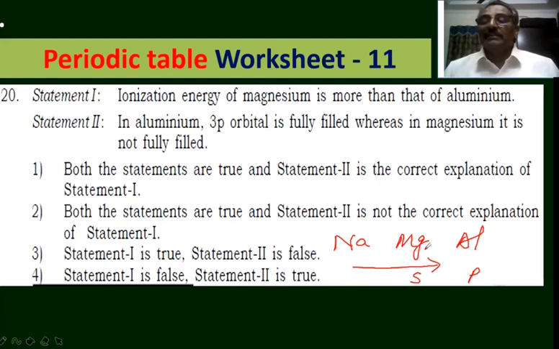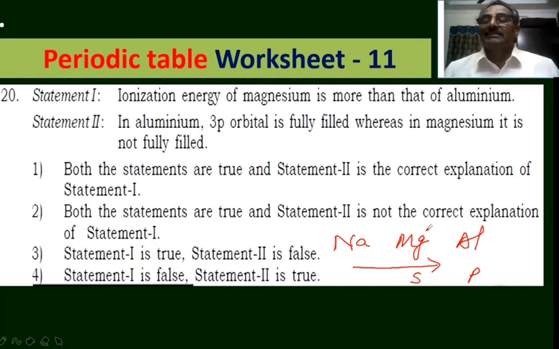A removal of electron from s orbital is more difficult than the removal of electron from p orbital. Moreover, in magnesium, the paired electron is to be removed, and in aluminium, the single electron is to be removed. A removal of single electron is easier than the removal of electron from pair.